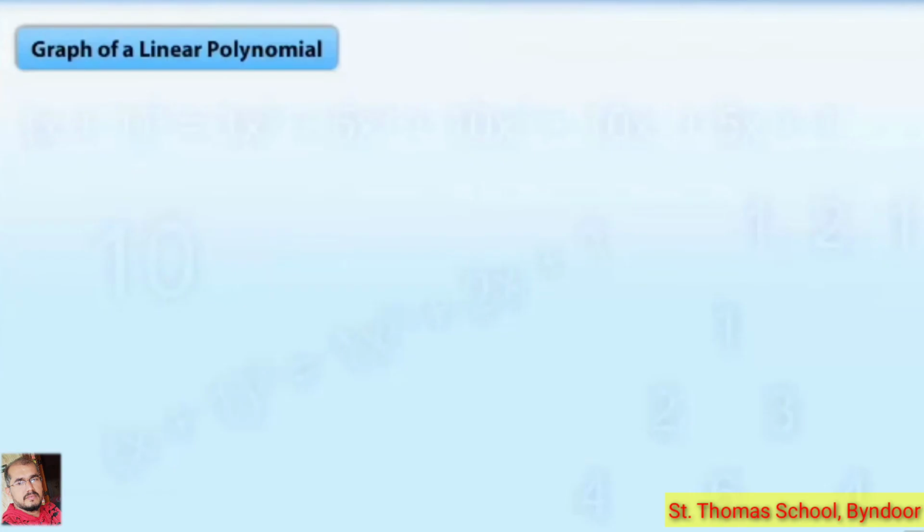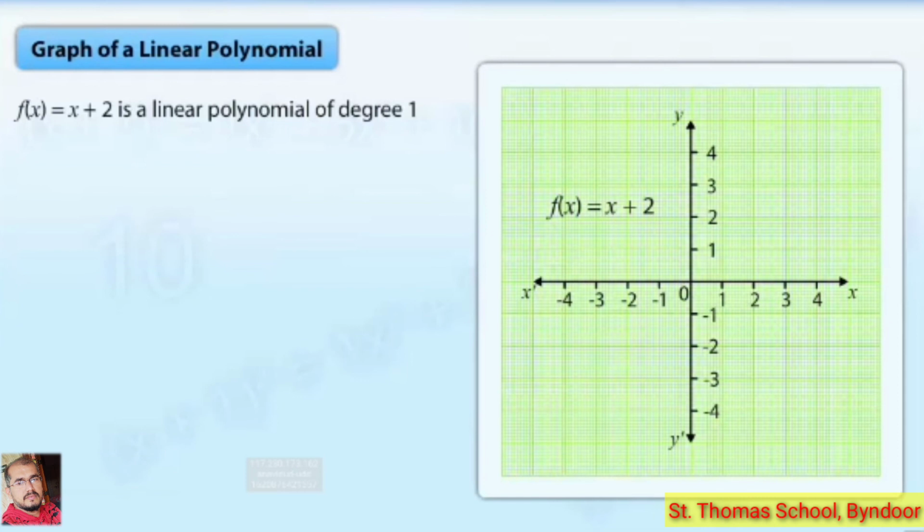Now, what do you think the graph will be like for a linear polynomial of degree 1? Suppose f(x) = x + 2. Look at the graph. You can see that it intersects the x-axis at only one point, (-2, 0).